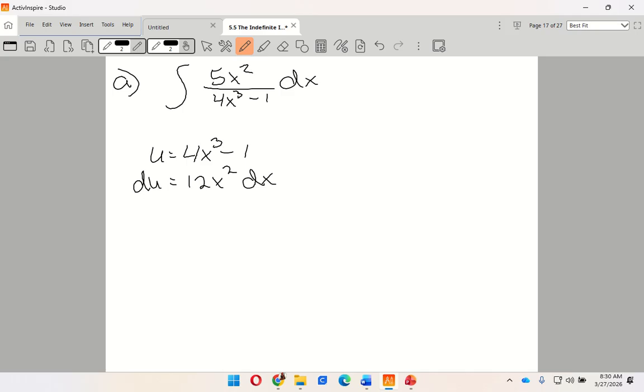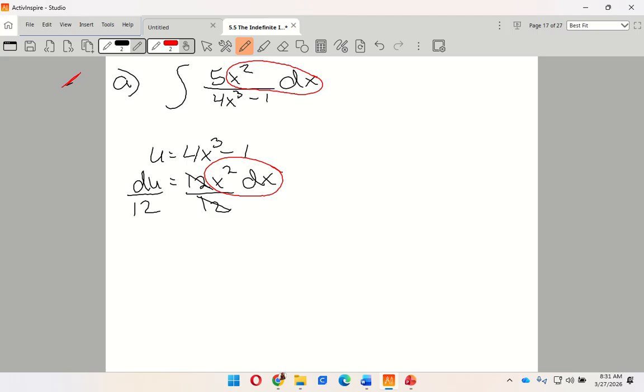Anyway, so right here I'm going to divide both sides by 12. So 1 over 12 du is going to replace x squared dx. The x squared dx is going to go away, right?